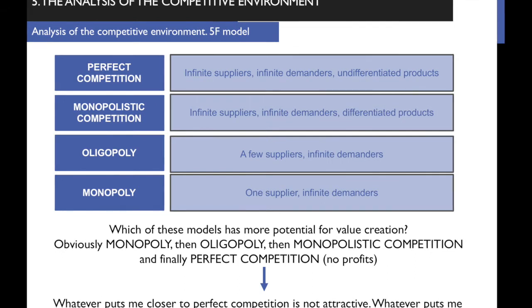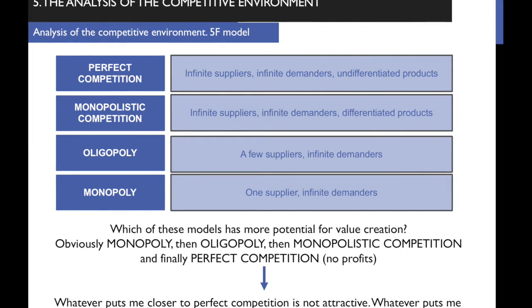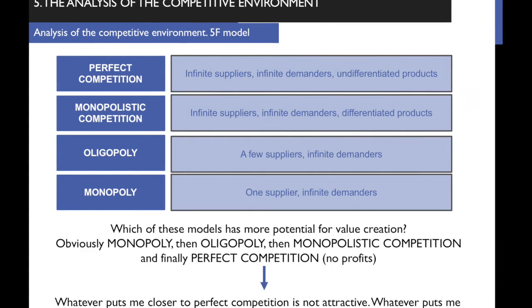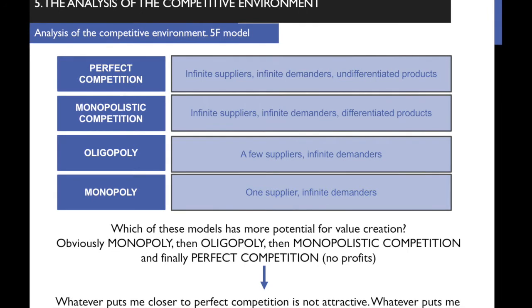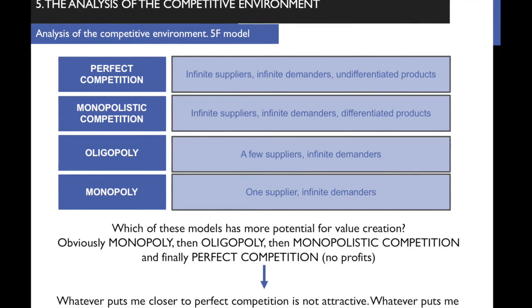Well, somehow I am anticipating lesson 6, which is going to be about resources and capabilities. So which of these models is more attractive, has more potential for value creation? Clearly, monopoly, then oligopoly, then monopolistic competition. And under perfect competition, as you studied in economics, there are no profits.